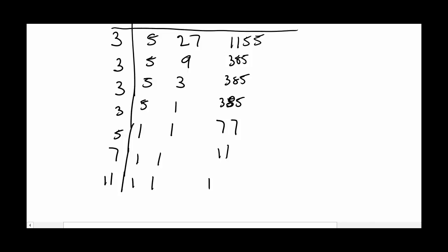Okay, now this list, that row of numbers, is my LCM. So that would be 1, 2, 3, 4. So 3 to the 4th times 5 times 7 times 11.